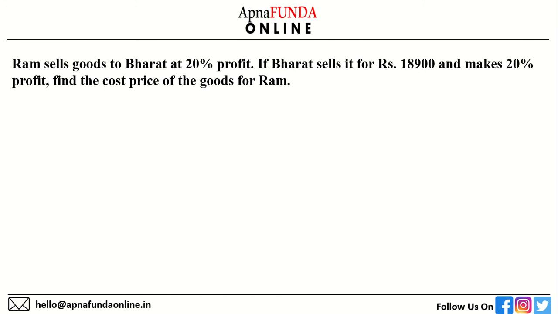Let's do it. What is given is Ram sells it to Bharat at 20% profit, and Bharat, when he sells it to, let's say, you, also makes 20% profit and sells it for 18,900.